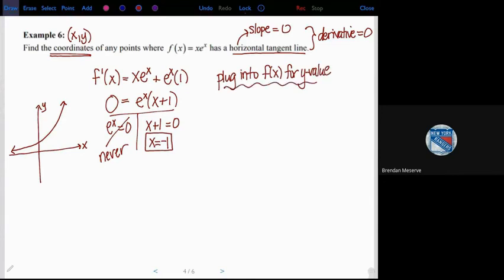So f at -1 is -1 times e to the -1. Remember, a negative exponent shoots that e down to the bottom. But since there was a negative in the front, the whole thing would be negative. So if that's my y value, my coordinate is -1, comma -1 over e.